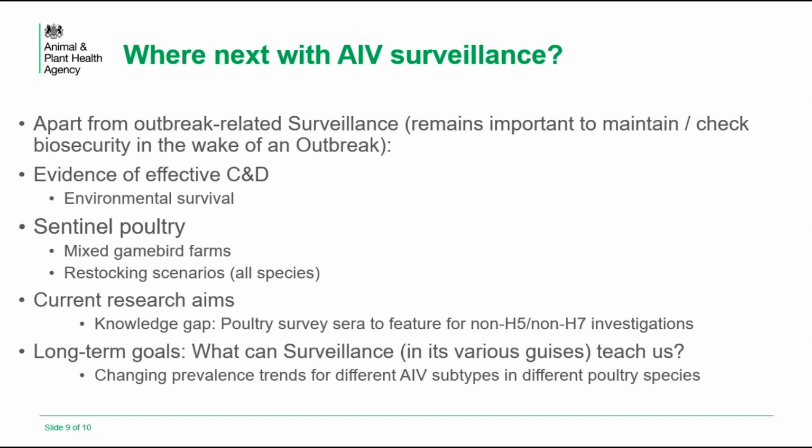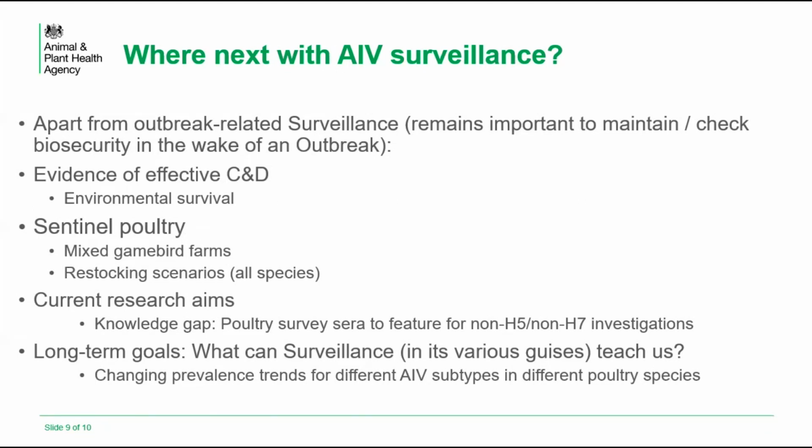So what next with the surveillance? Well, the surveillance schemes remain important for checking biosecurity in the wake of an outbreak. We think that the surveillance will then move on to things like environmental survival of the virus, which we link to cleansing and disinfection. We think the sentinel poultry will be important in surveillance planning, especially on mixed game bird farms.